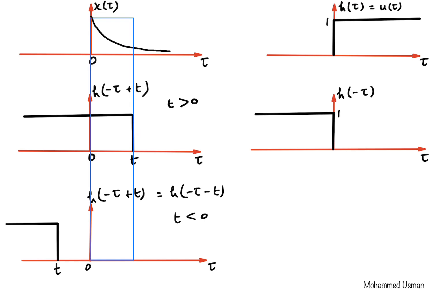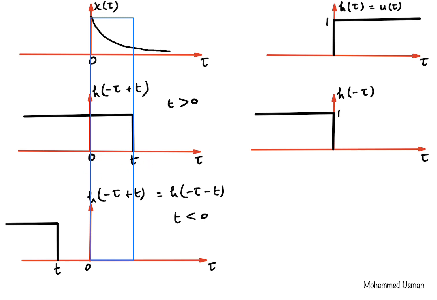So what we are basically seeing here is that x of tau and h of minus tau plus t have a non-zero overlap only in the interval 0 to t for tau.